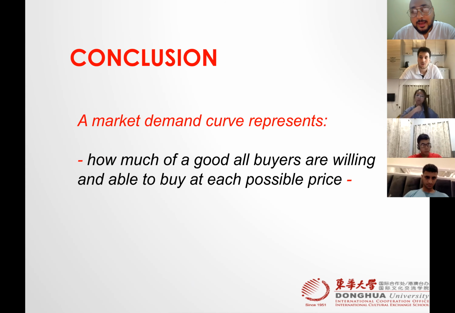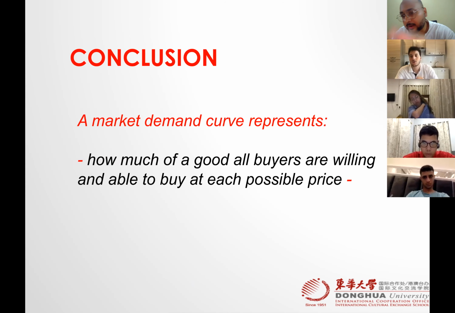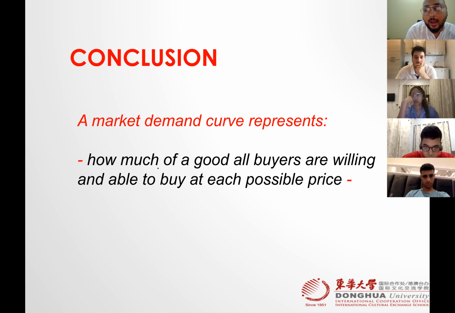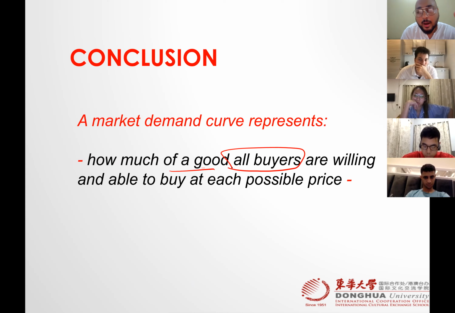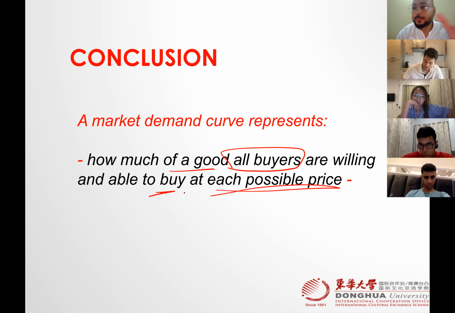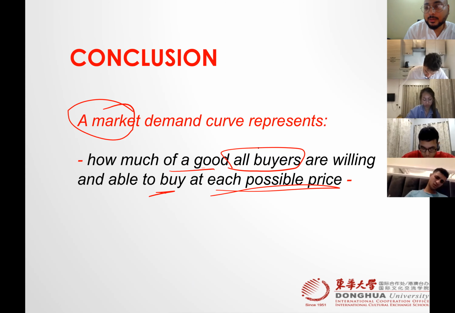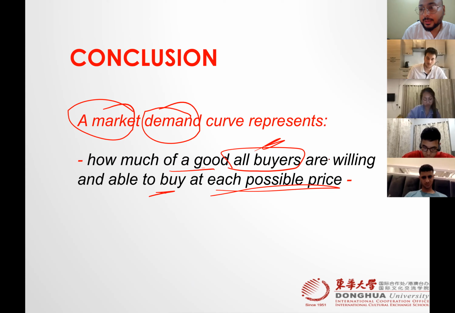So the conclusion is that individual demand and supply, we already talked about that, but the market demand curve shows how much of a good all buyers are willing and able to buy at each possible price. So first we define the market, which means all buyers, and then demand, willingness and ability, at a possible price.